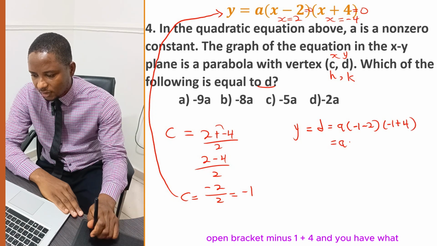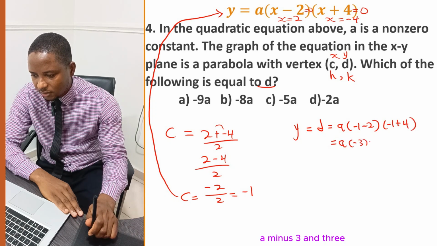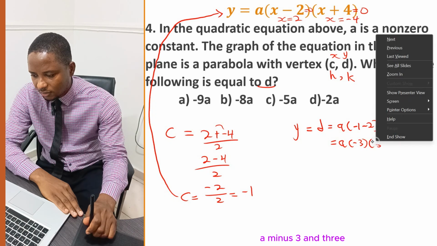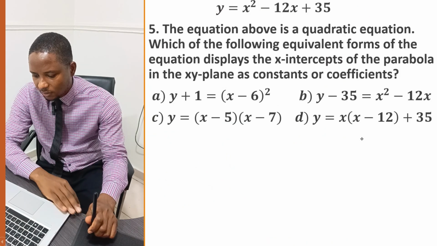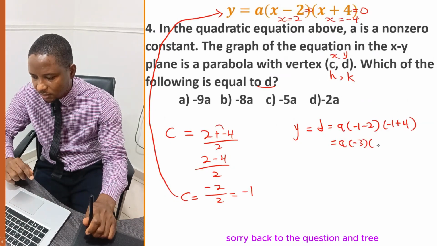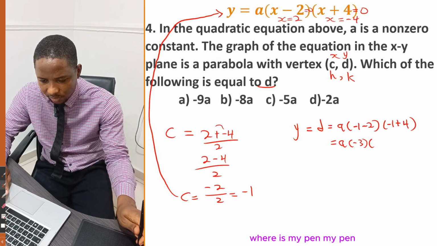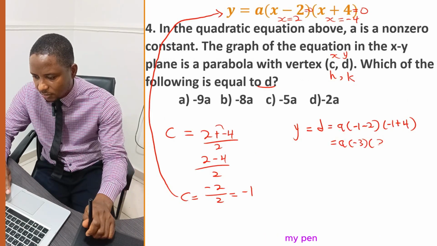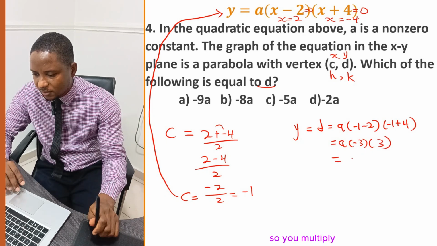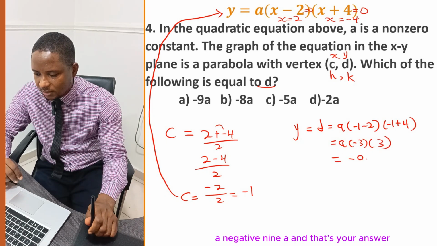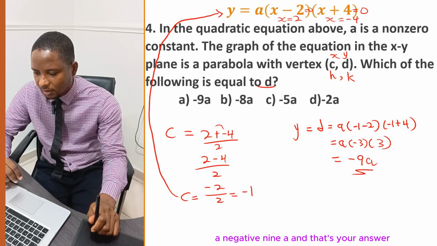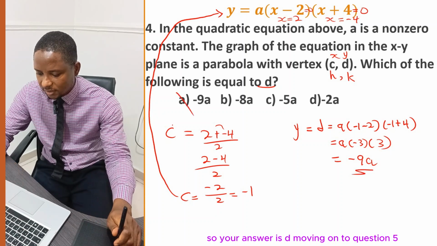And you have what? A times minus 3 and 3. That's 3. So you multiply, you have what? A negative 9a. And that's your answer. So your answer is D.